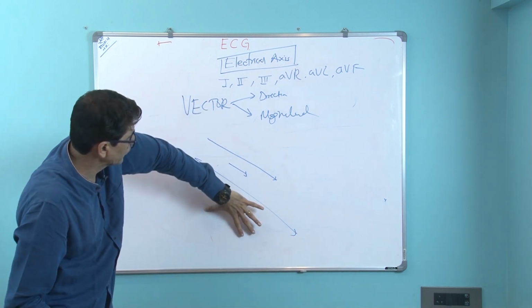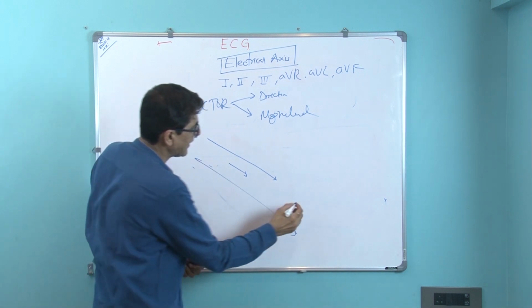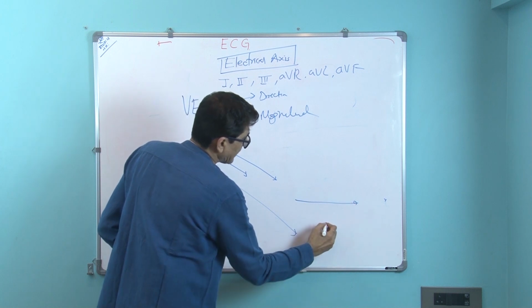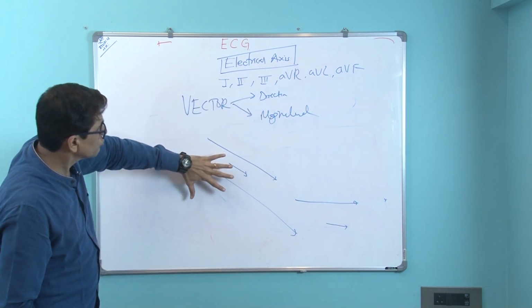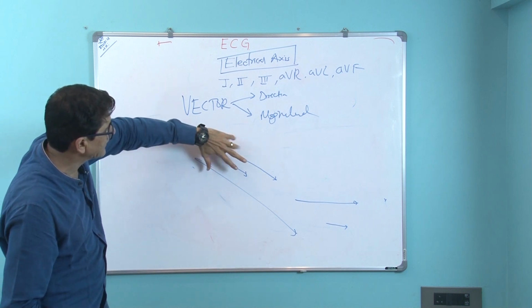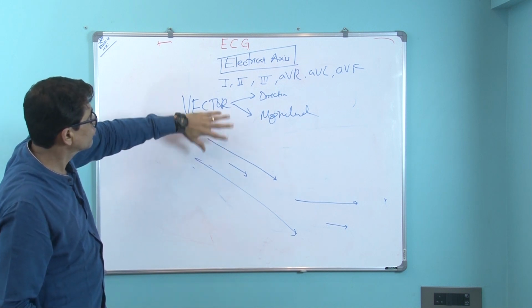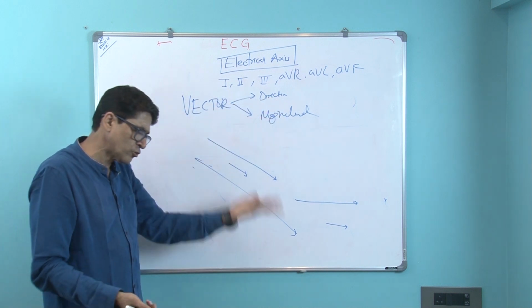So this is magnitude and this is direction. Direction may be like this and the magnitude may be small. So a vector has two things, one is direction, one is magnitude. So QRS axis means the QRS vector.